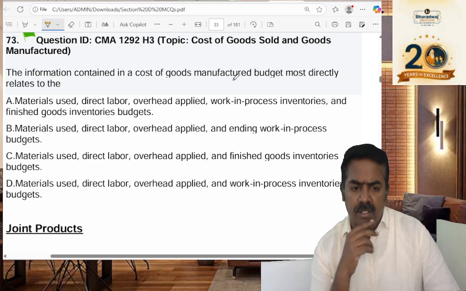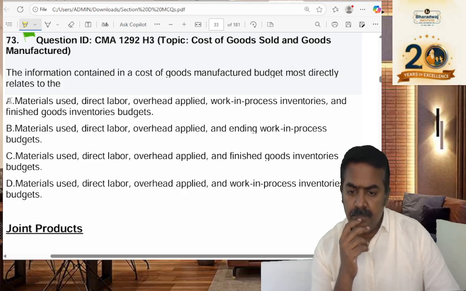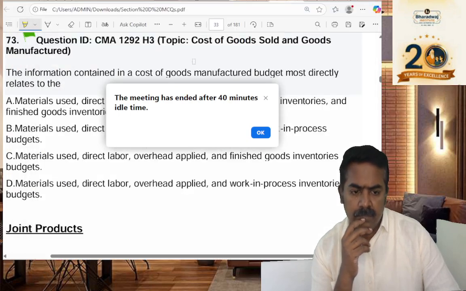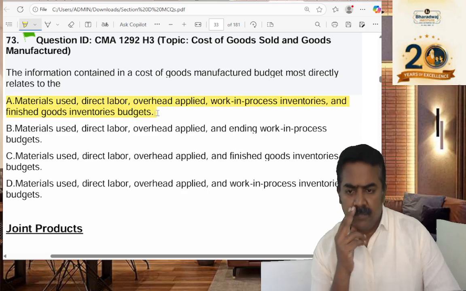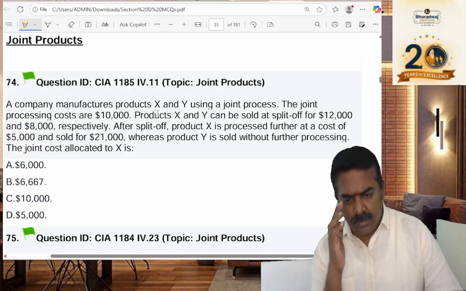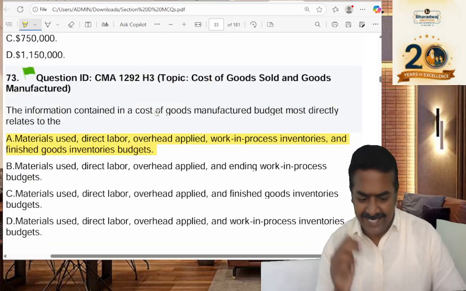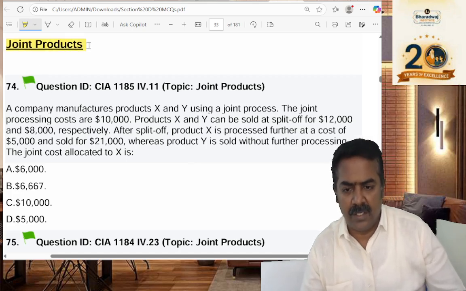Information contained in the cost of goods manufactured budget is most directly related to which one? A. Okay. So we'll continue with which one? Joint products after the break.